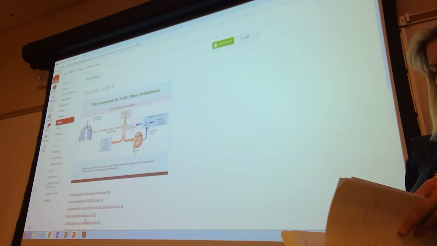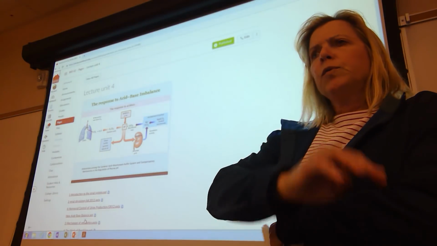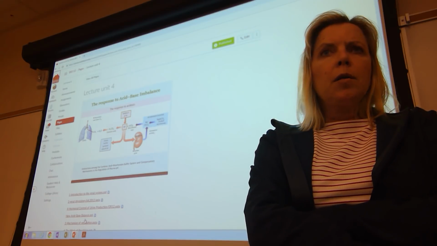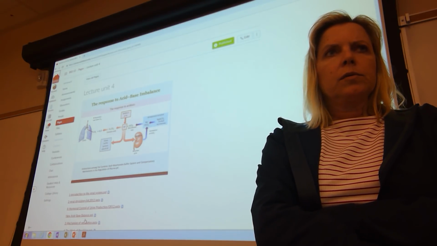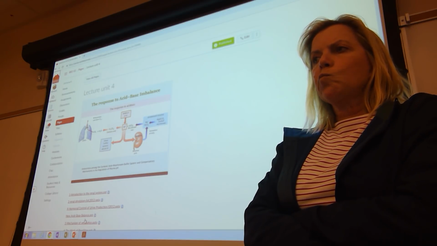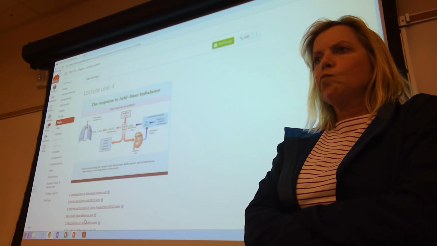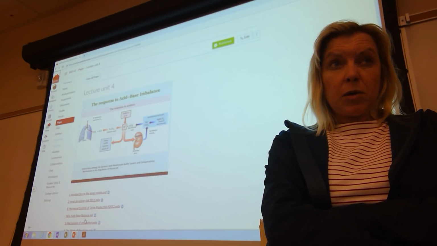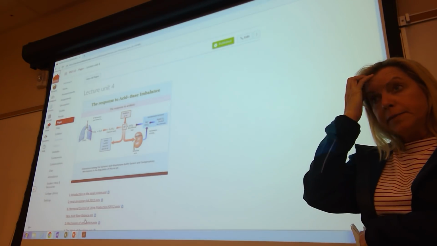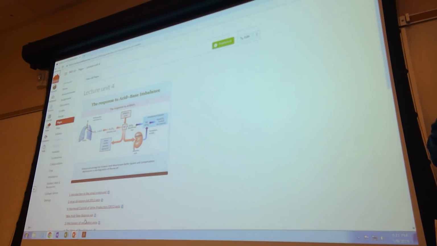I would also make sure that you don't get confused about what a carbamino compound is. What is carbaminohemoglobin? What's carboxyhemoglobin? What's methemoglobin? What's oxyhemoglobin versus deoxyhemoglobin?